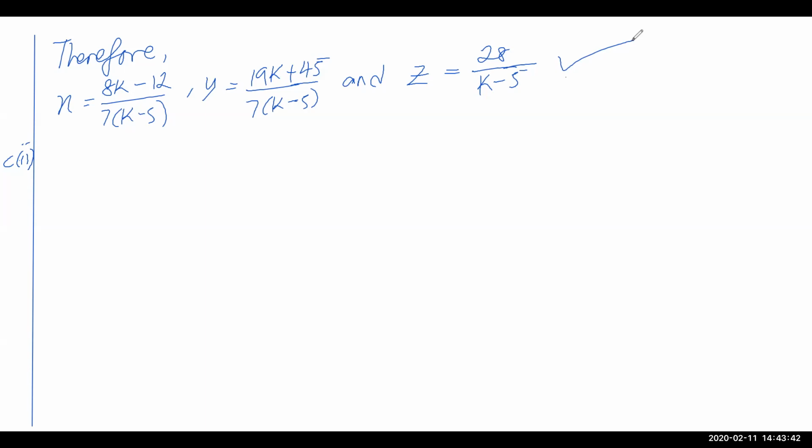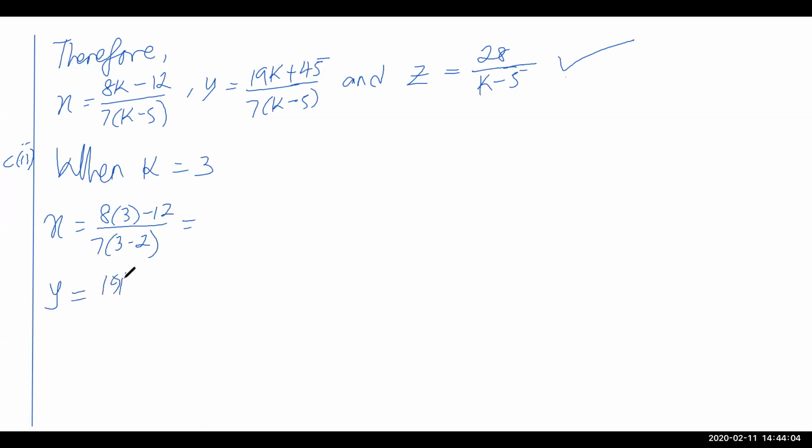Now it says find the unique solution for k equals 3. All you have to do is put k equal to 3. So when k is equal to 3, x will be 8 times 3 minus 12, divided by 7 times 3 minus 5. That's all you have to do. Then you work it out. Y will be 19 times 3, so it's plus 45. Someone should please check this in the calculator and be ready to tell us, or you can type in what is x, what is y, and what is z.